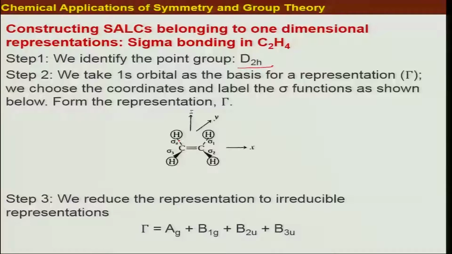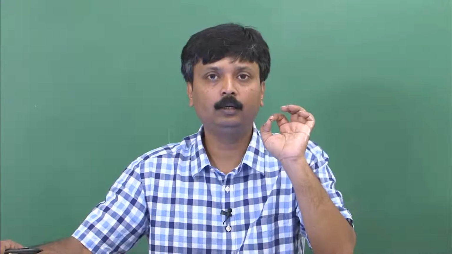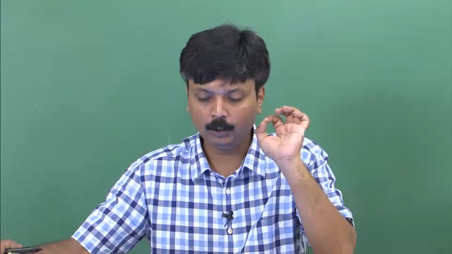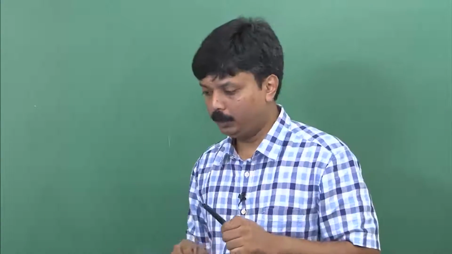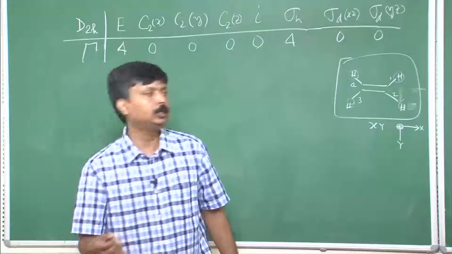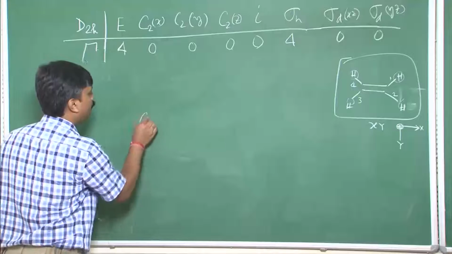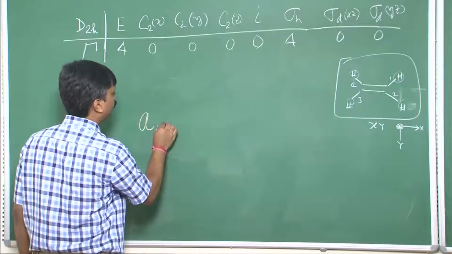So once you have found this gamma, the next step is to reduce it to the irreducible representations for that particular point group D2H. In order to reduce that, you have to use the formula that we have already used. That is, if you have to find out how many times a particular ith irreducible representation will occur.